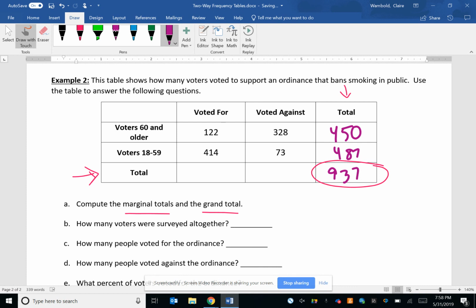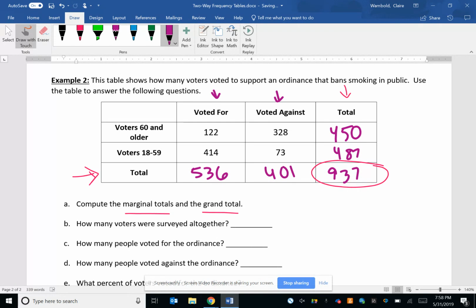Now, of course, I'm going to check that against my other totals here. So the number of people who voted for the ordinance, 122 plus 414 is 536. And the total number of people who voted against, 328 plus 73 is 401.